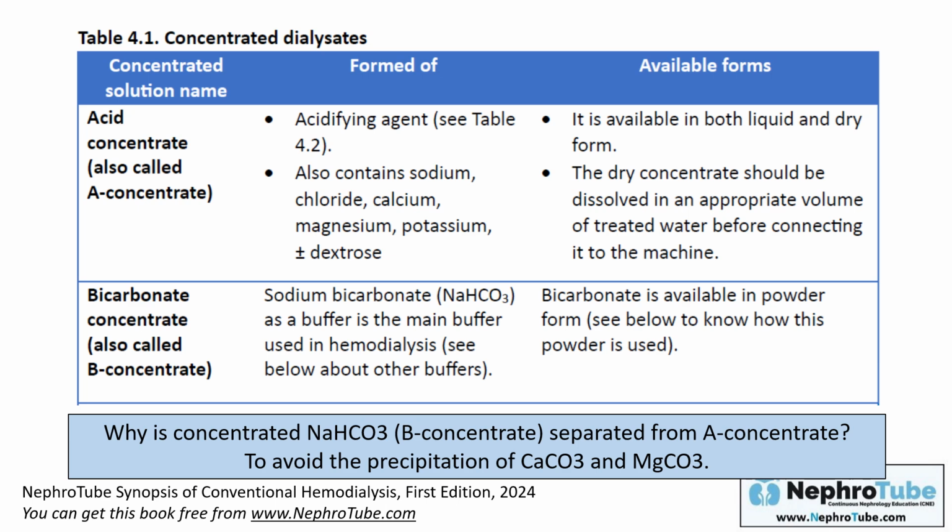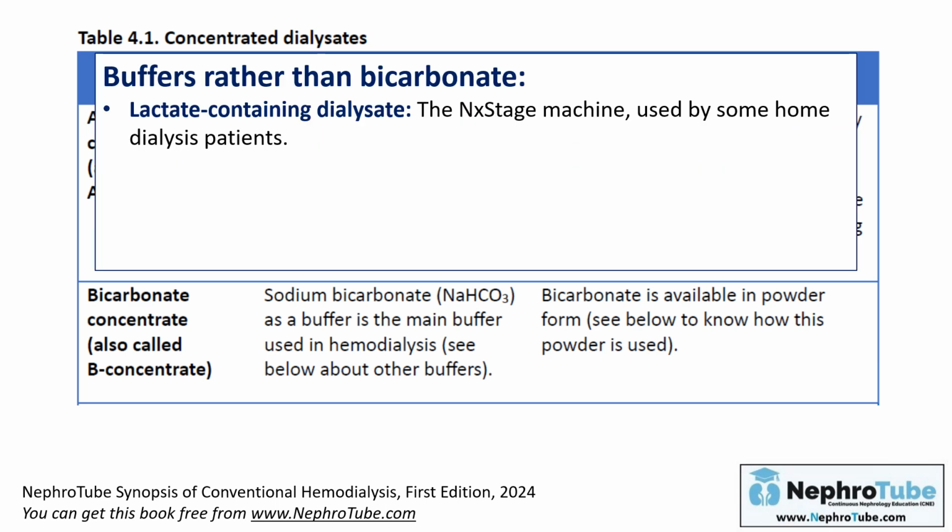Another point that I want to mention, you mentioned here that sodium bicarbonate is the main buffer. Is there any buffer other than bicarbonate? The answer is yes. Lactate containing dialysate, lactate instead of bicarbonate, is used in the next stage machine, and this is used mainly by home dialysis.